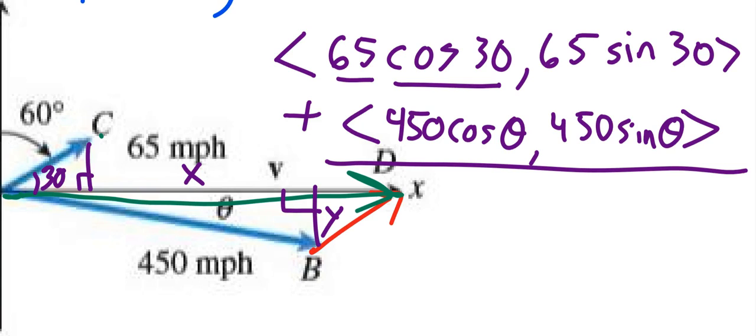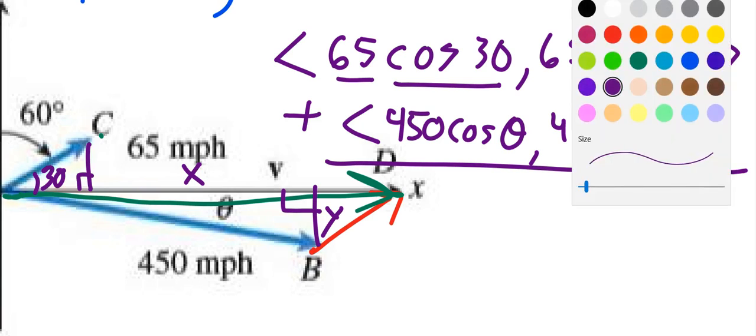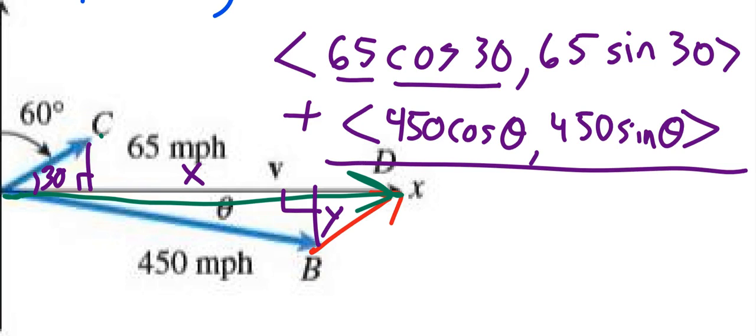But I do know what the y component is. Do you? 0, thank you very much. Look at that vector. It goes directly to the right and never goes up. That's how she wants the plane to go. She wants the plane to go due east. In other words, no vertical motion up and down.